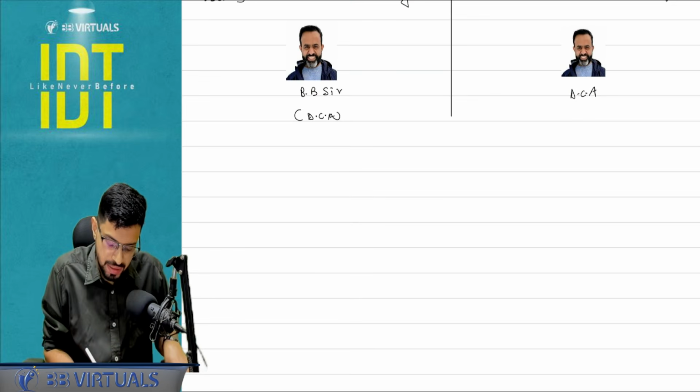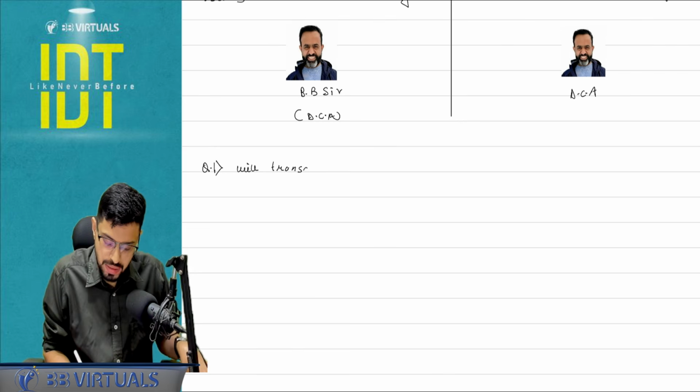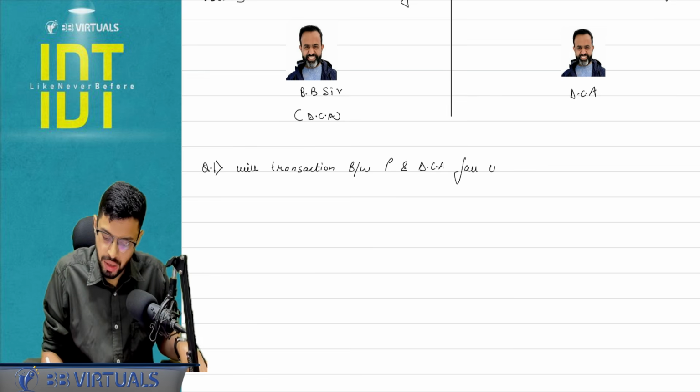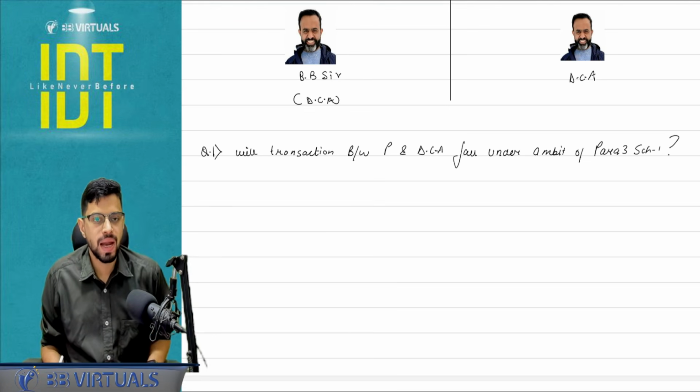My question number one is, will the transaction between principal and DCA fall under the ambit of paragraph number 3, schedule number 1?